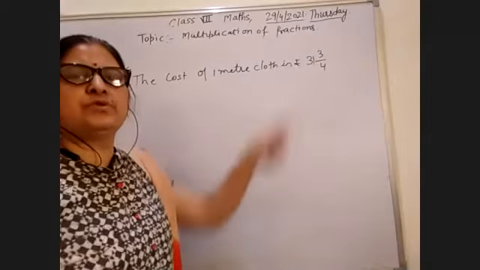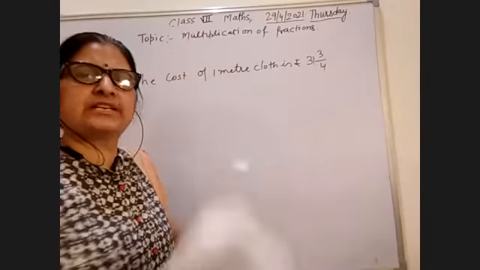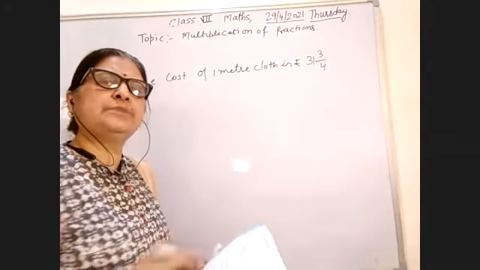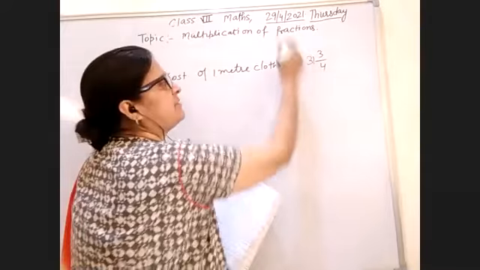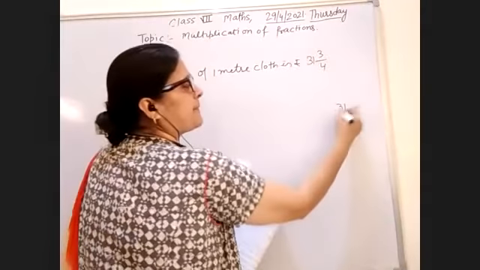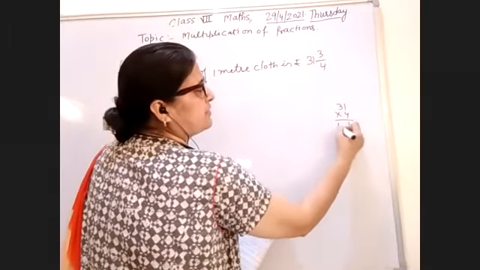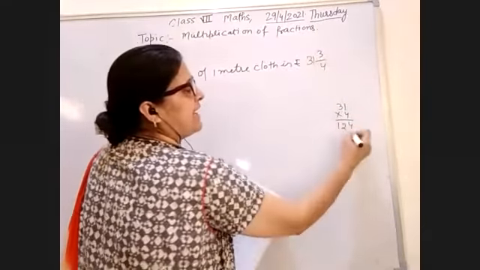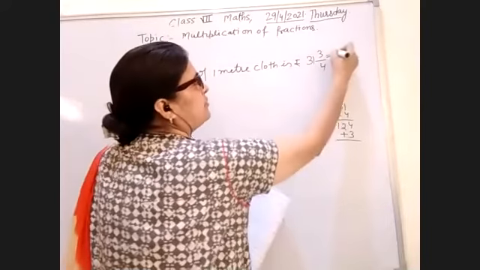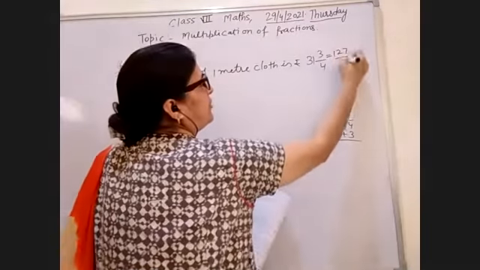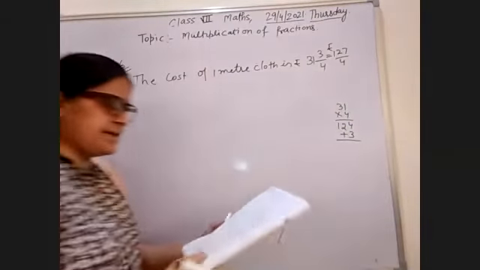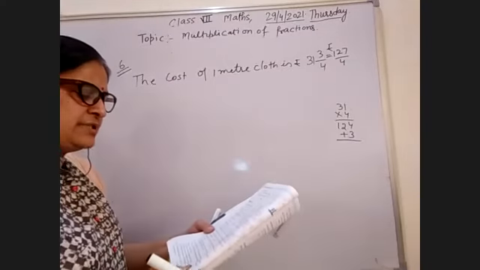You have to convert it into an improper fraction. How will you convert it? 31 multiplied by 4 is 124, and add 3. It is equal to 127/4 rupees.